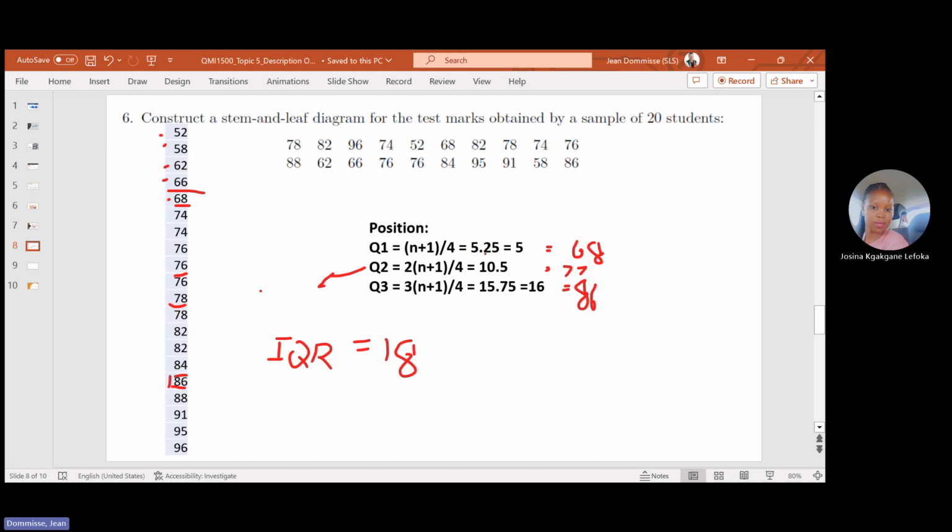It will give you now a bit different answers, but let me show you. So we can do Q3, we can do Q1, and then we can do interquartile range, which is just that one minus that one.